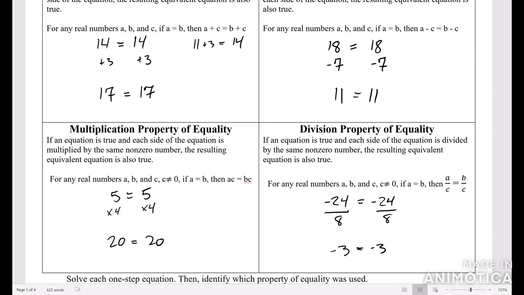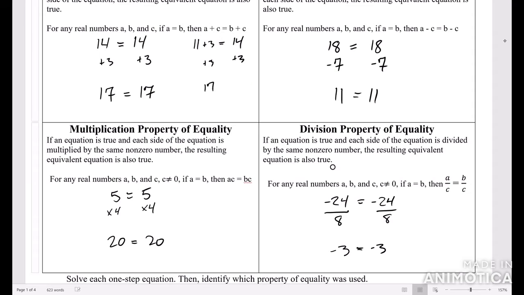All this still holds true. If I subtract that 3 from both sides, or I add 3 more to both sides, right, because this is the addition box that I'm writing in right now. So if I were to add 3 more to both sides, okay, 11 plus 3 is 14, plus 3 is 17. 14 plus 3 equals 17. It still works out like that.